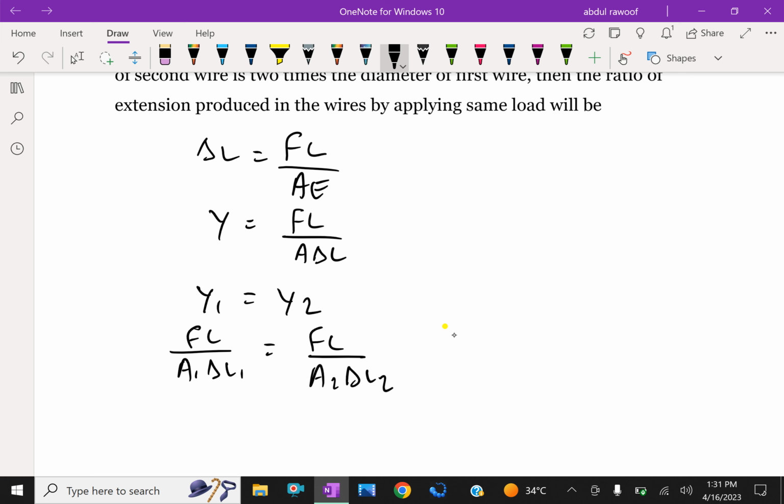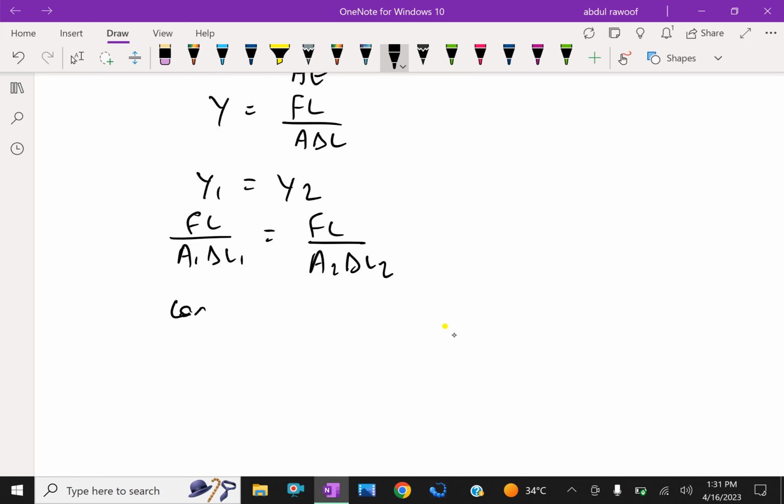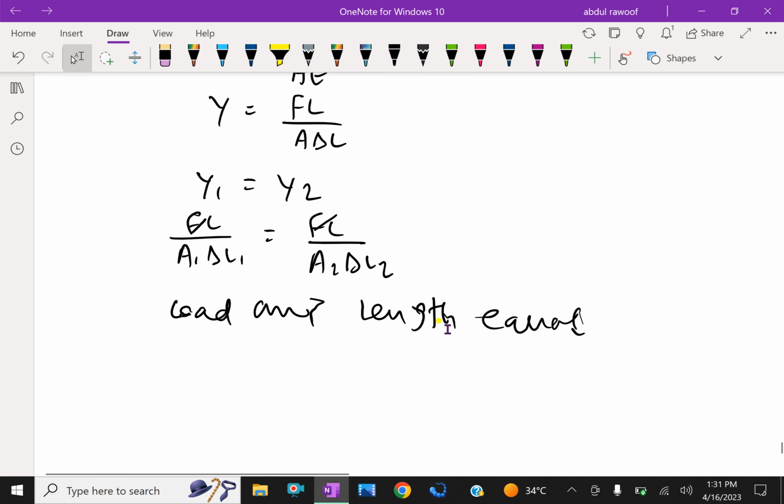Since load and length are the same for both, FL cancels. Therefore the ratio can be written as r1 square delta L1 equal r2 square delta L2.